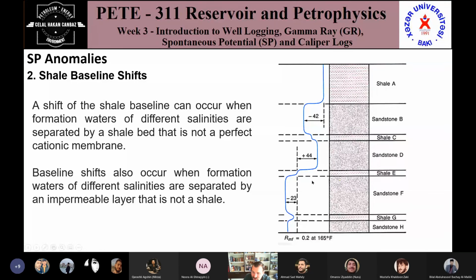So, baseline shifts. Of course, you have to combine this with other logs as well. There's a shale, it can be, but you have to combine with other logs.